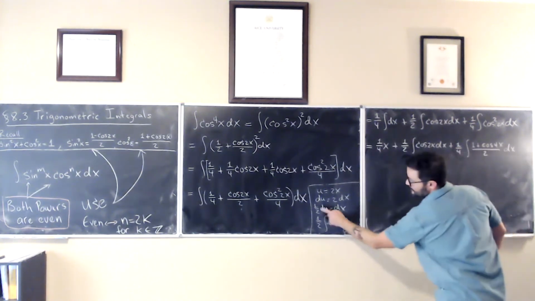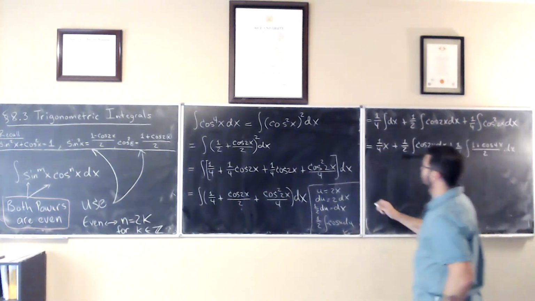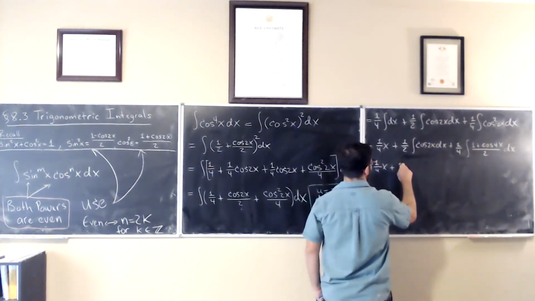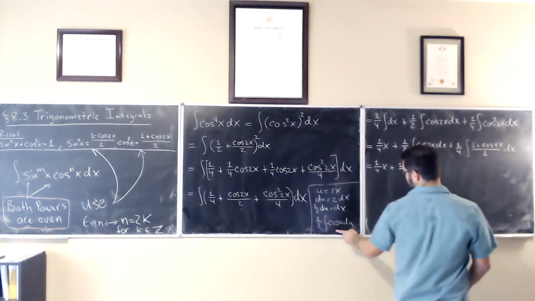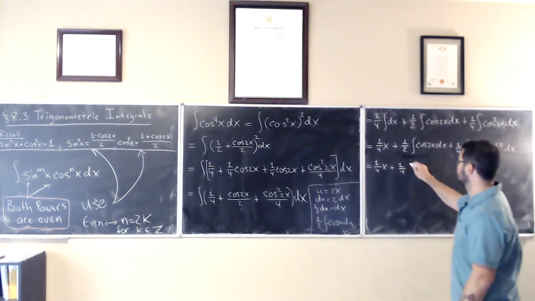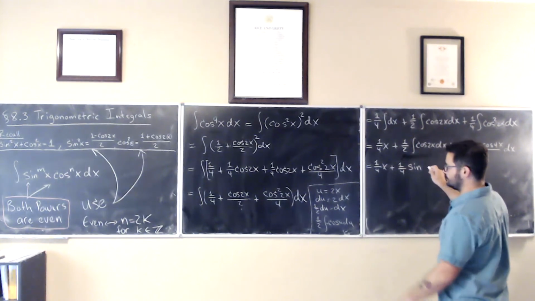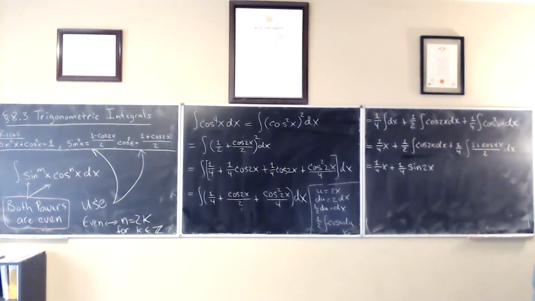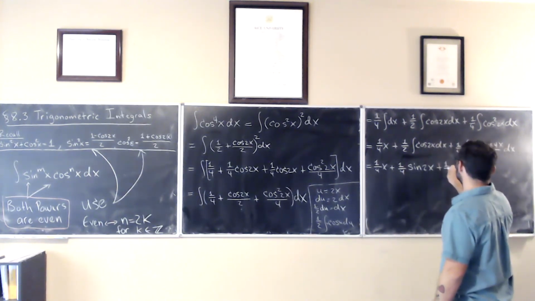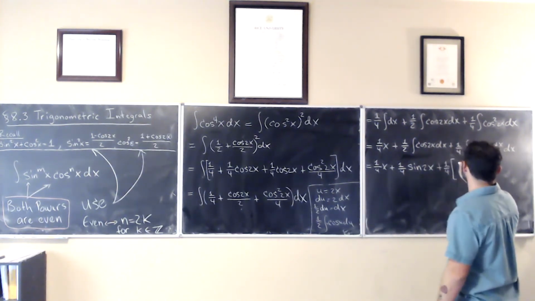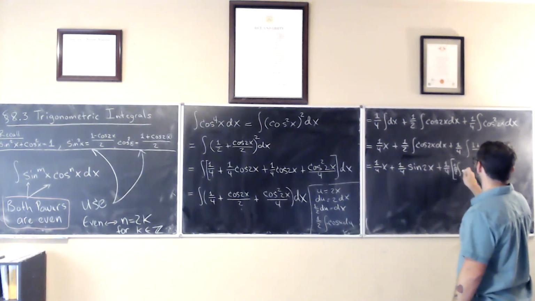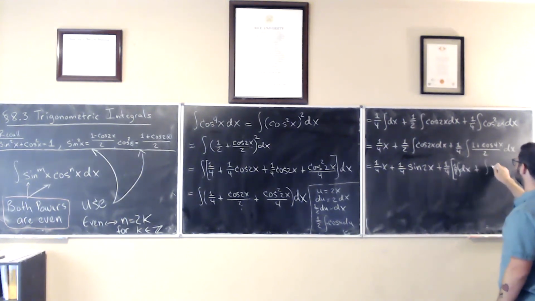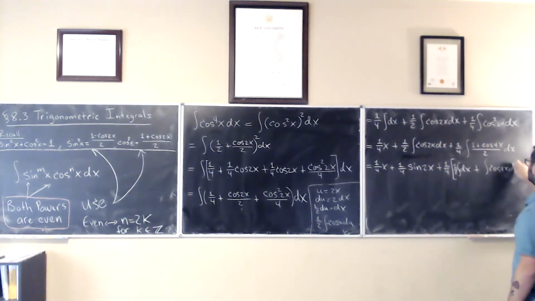So that 1/2 that we brought out needs to multiply that. And then the integral of cosine u is sine u, and u is 2x. I can split this integral up if I want to: 1/2 dx, and then plus the integral of cosine 4x dx.